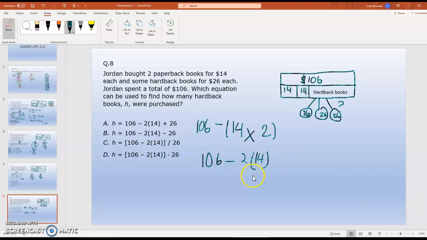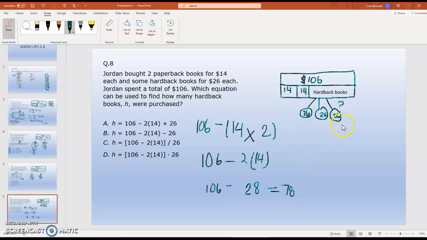Okay, 2 times 14 is 28, and 106 minus 28 is what? Okay, figure it out. So it equals 78.